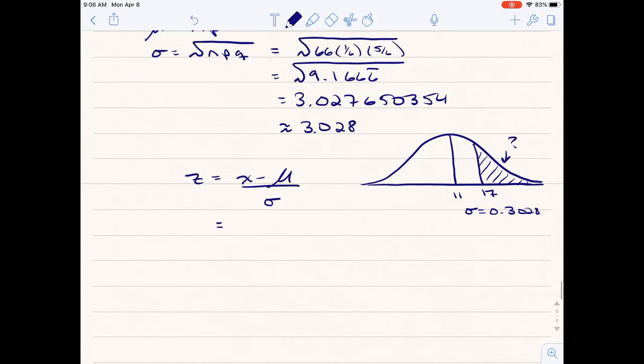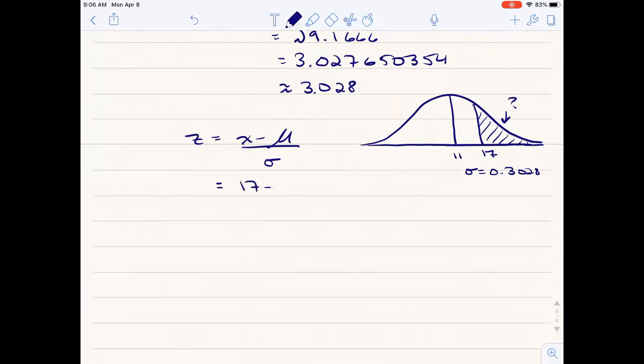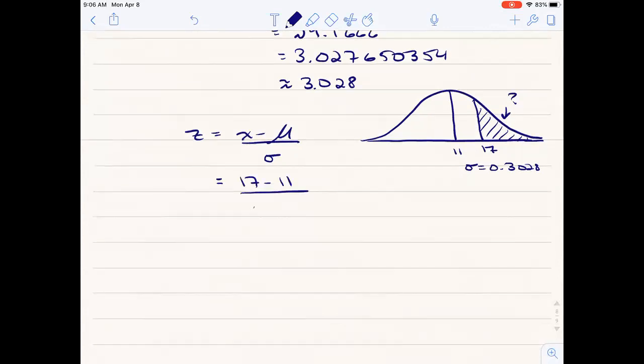So z is 17 minus 11 over 3.028. I have a little typo here, actually, it's kind of a big typo. 3.028.